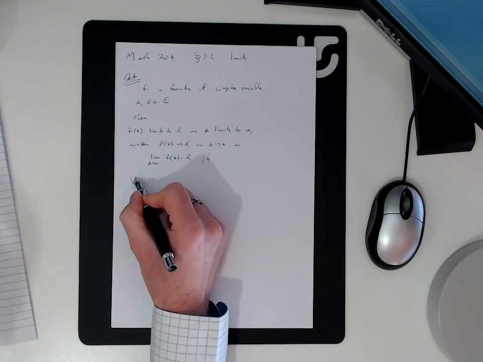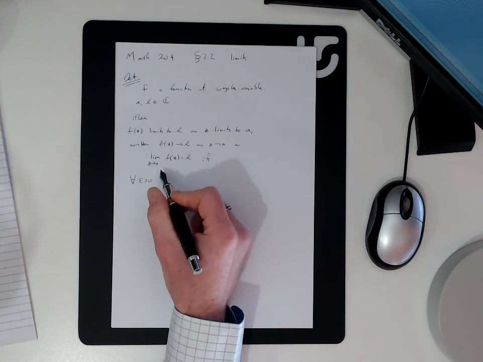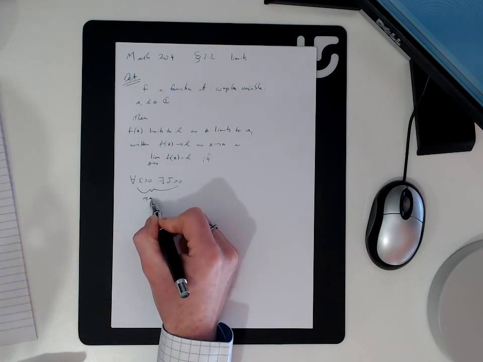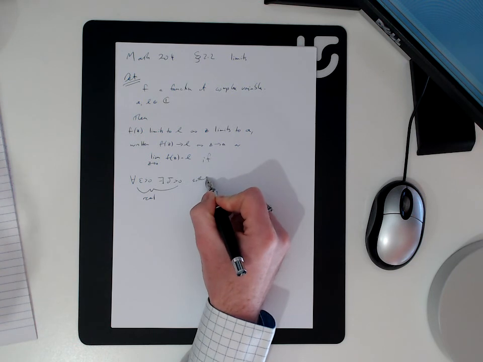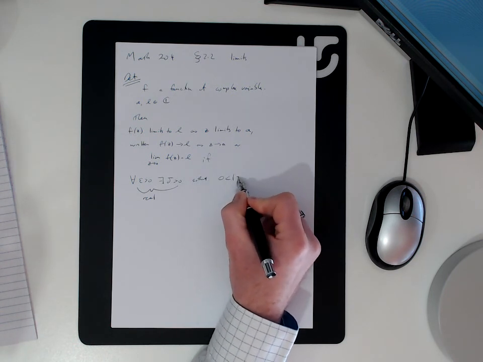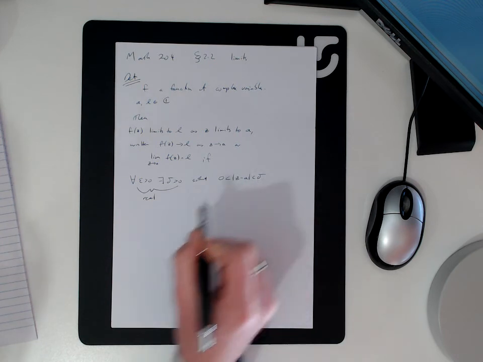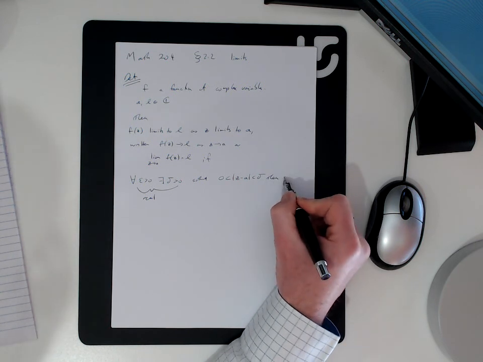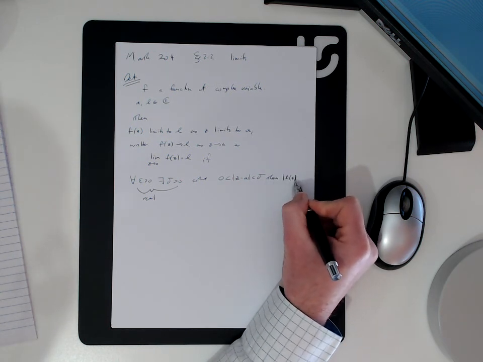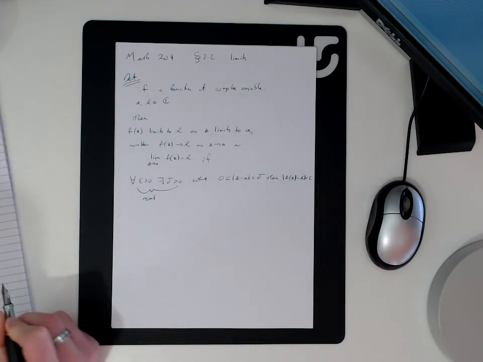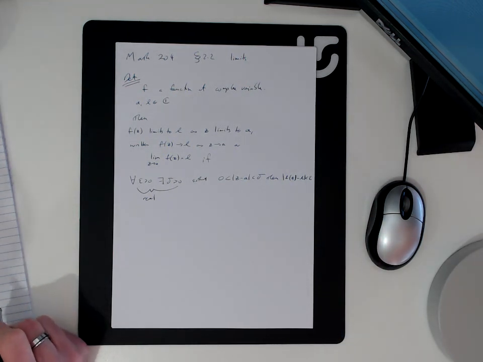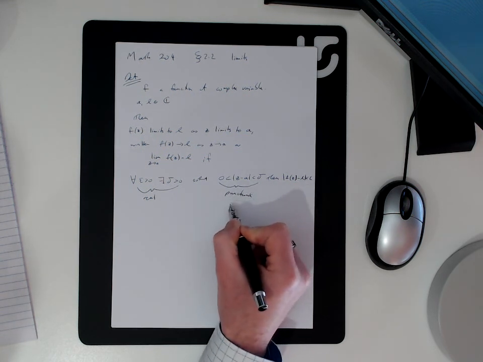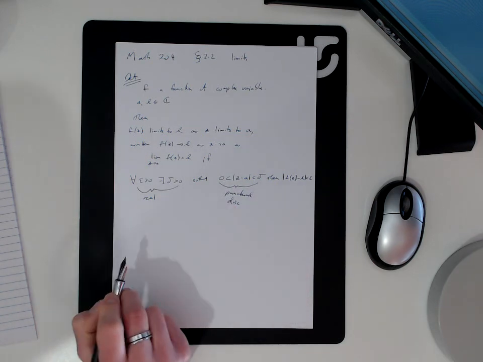If for all epsilon greater than 0 there exists delta greater than 0, and both of these are real, so that if z is delta close to a and not equal to a, then f of z is epsilon close to L. And note this is the punctured disk, because we exclude z being equal to a.